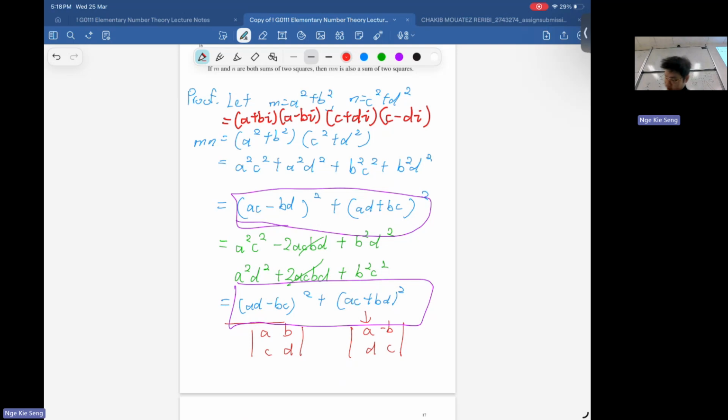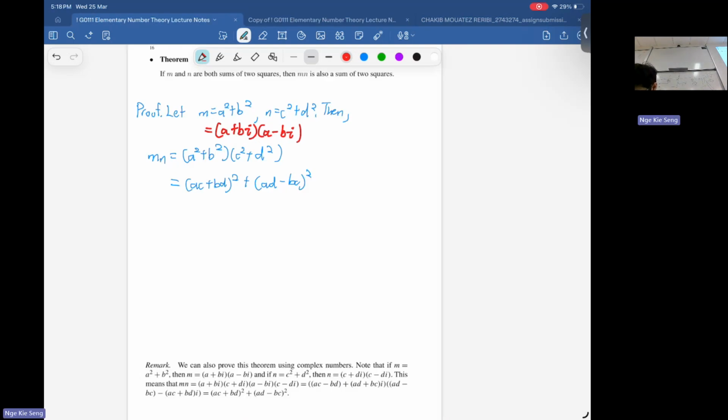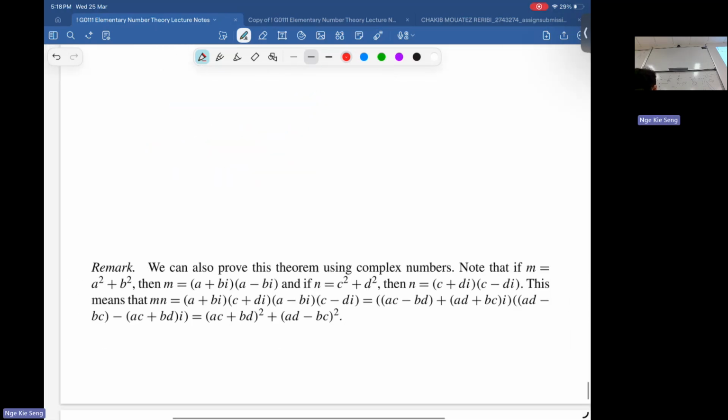Is it obvious that the i cancels? Let me see what calculation they made. So they combine like this. Is it easier to see? ac minus bd. Oh yeah, sure.